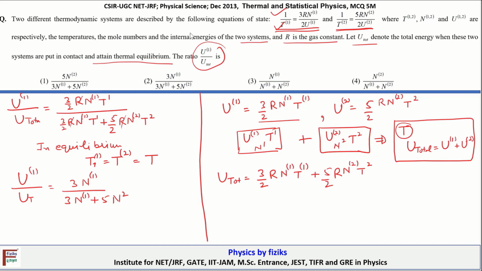So which one is the correct option? It is option 2 here: 3N1 upon 3N1 plus 5N2. So that's our correct answer.